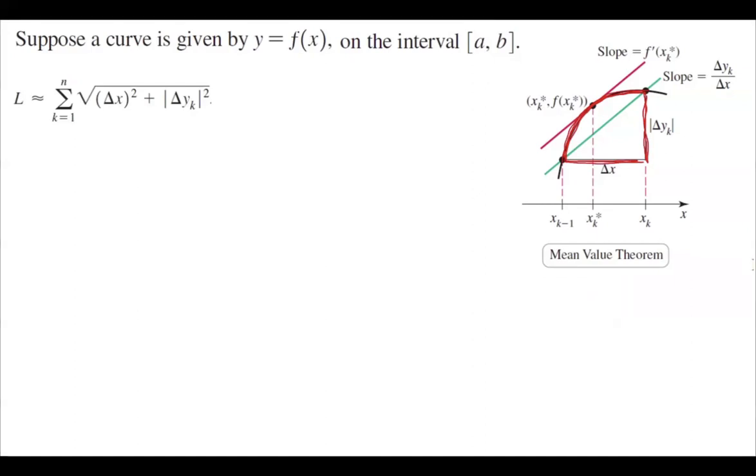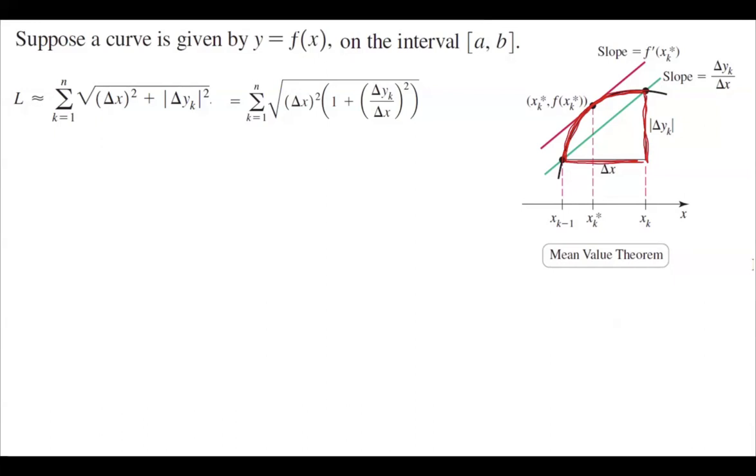The length of the curve can be approximated by the summation of the square root of delta x squared plus delta y squared. In turn, if you factor out delta x squared, this is the square root of delta x squared times parentheses 1 plus delta y divided by delta x, and the whole fraction goes to the second power.